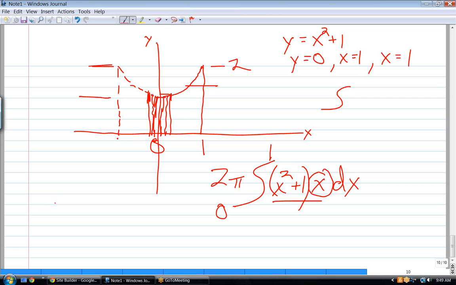If you unwrap that soup can label or dollar bill, this measurement here is y. This measurement here is 2 pi x. And y, since it's a function of x, I can describe it as x squared plus 1 times x times dx. So everything's a function of x and I'm fine.